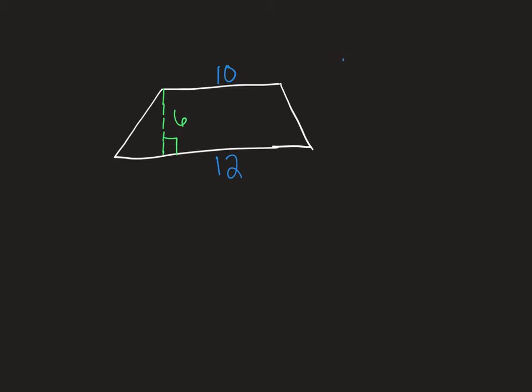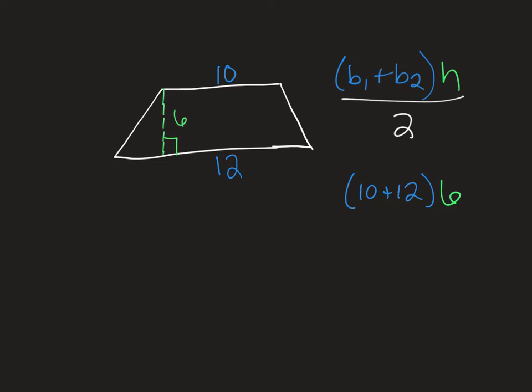We're going to add the bases, so again it's B1 plus B2 times h divided by 2. We add 10 and 12, and remember, we have to add what's in parentheses first. Then we'll multiply that number by 6, then divide by 2. So we'll get 22 times 6 divided by 2.